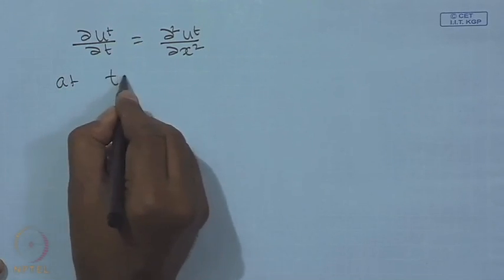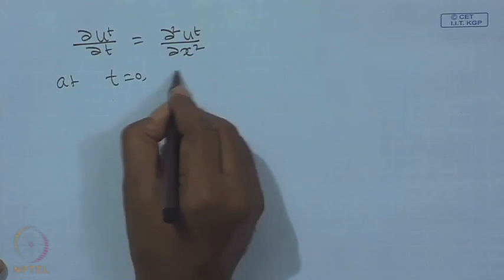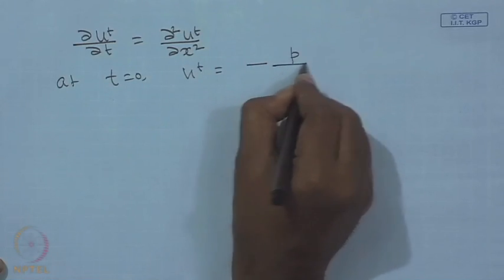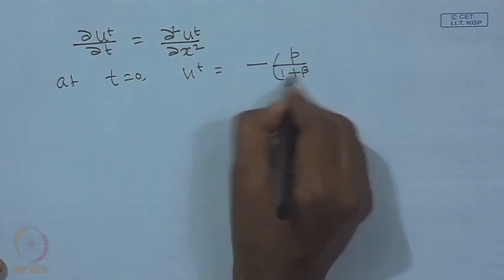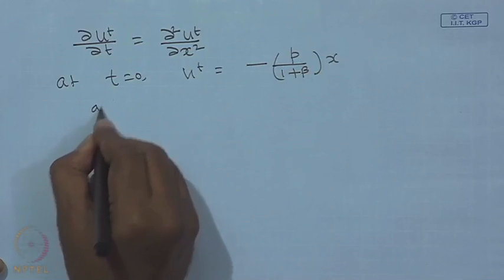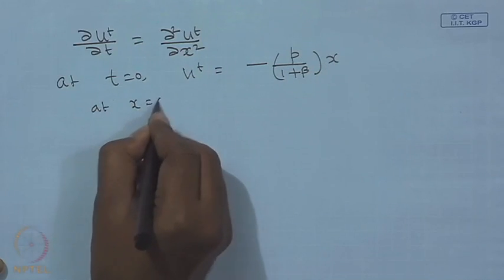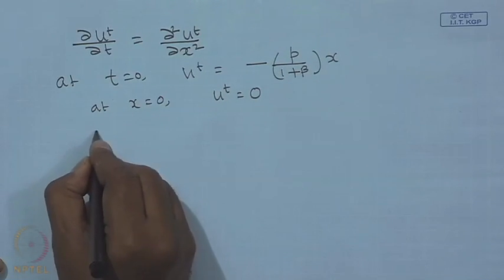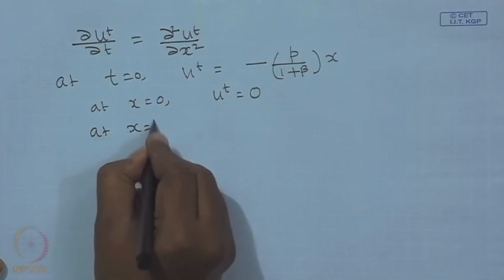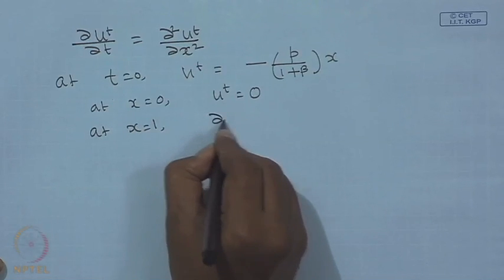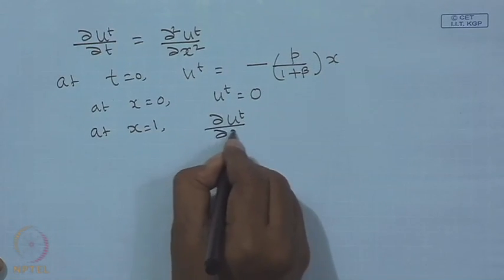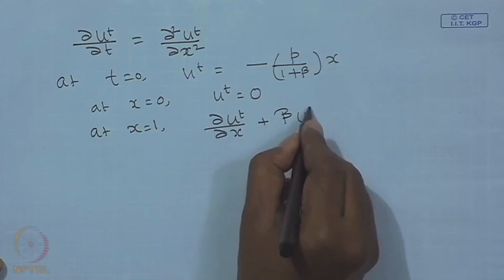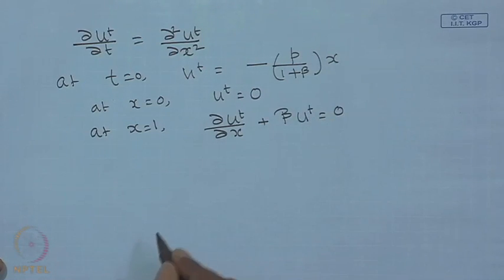At time t is equal to 0, we had u t is equal to minus p divided by 1 plus beta times x, and at x is equal to 0, we have u t is equal to 0, and at x is equal to 1, we had del u t del x plus beta u t is equal to 0.